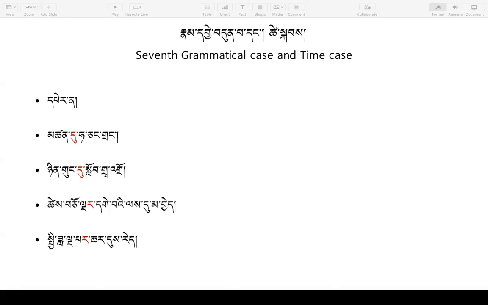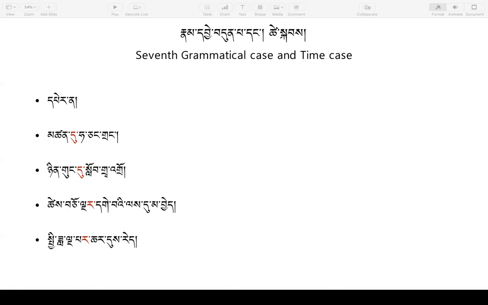So when we talk about time, unlike the 7th grammatical case, where it's only about the position and the object, or sorry, it's the object or the phenomena and the position.